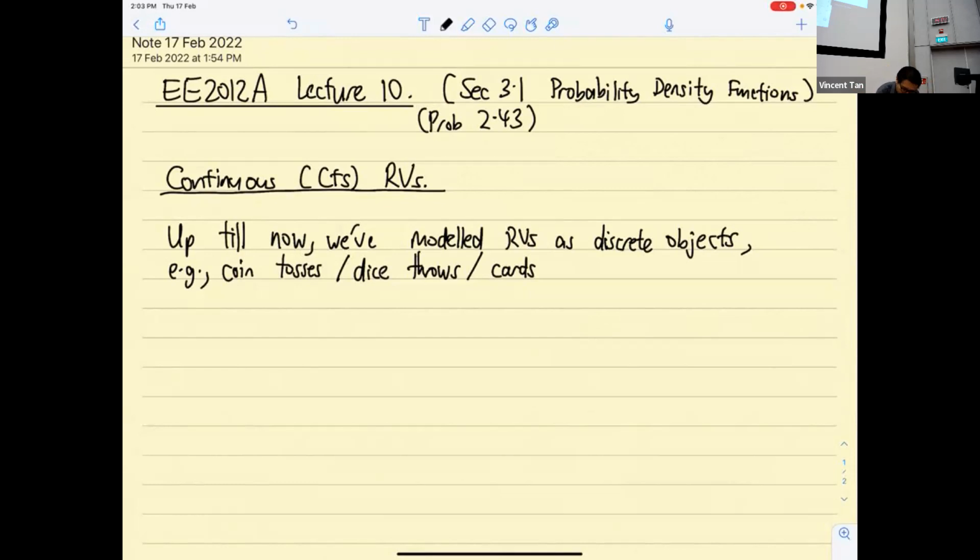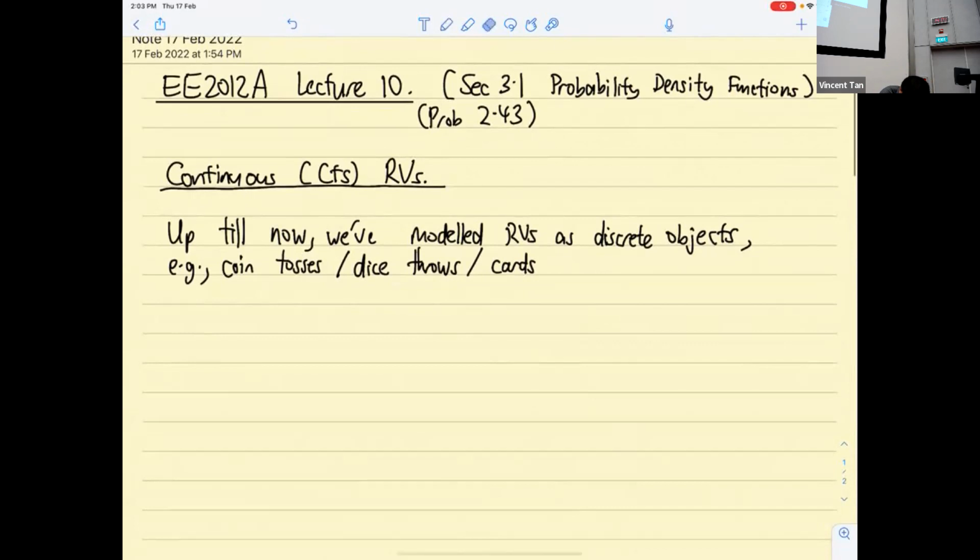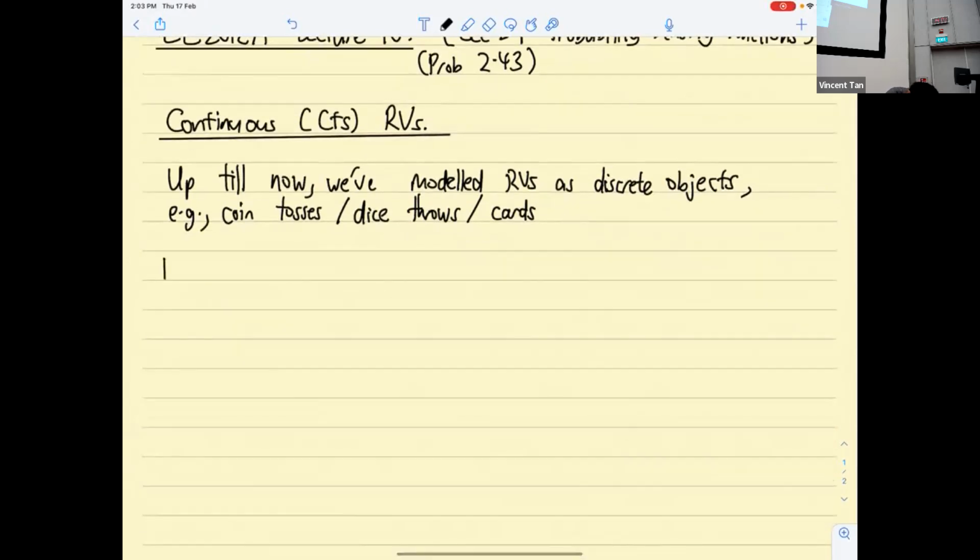Right. So, however, sometimes it is more natural for us to model natural phenomenon as continuous random variables.